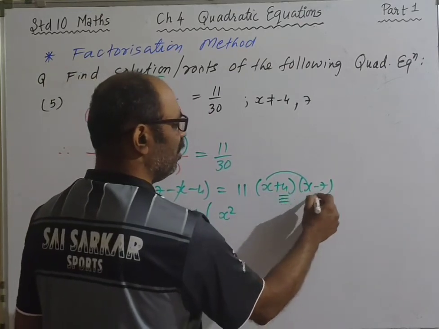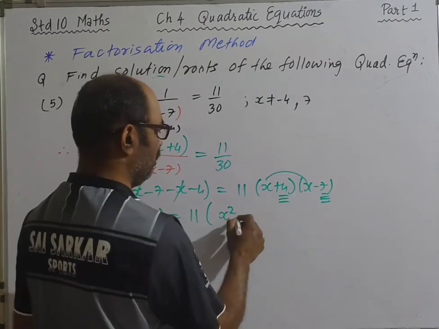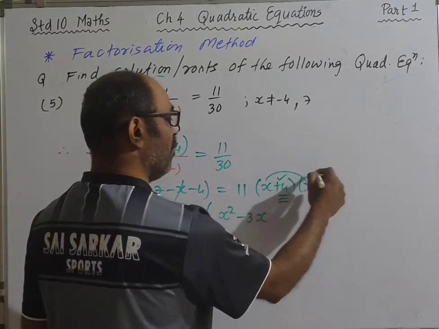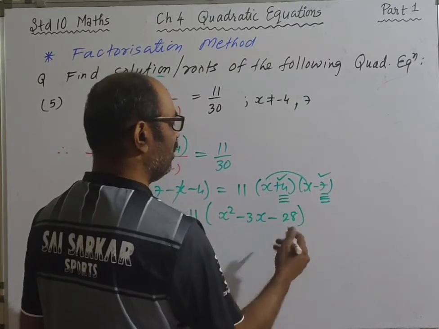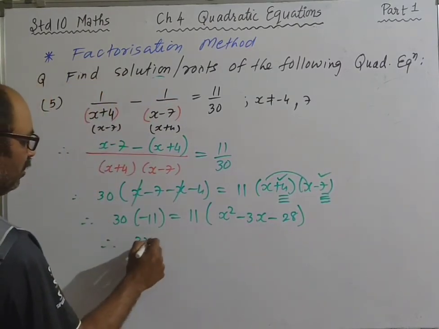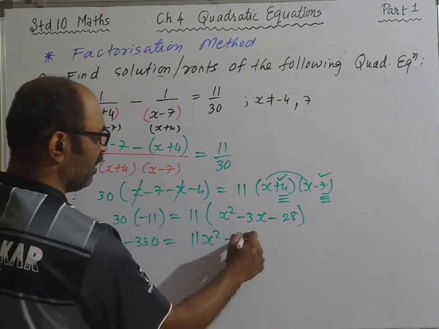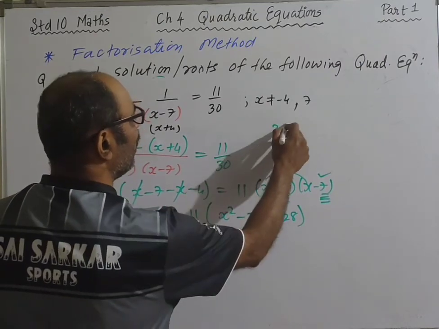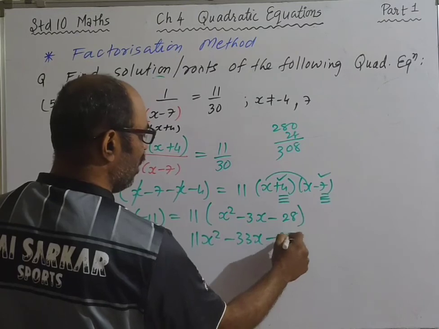Children, if you remember, add these two: plus 4 minus 7, that is minus 3 into x. Then take the product of these two: 4 sevens are 28, different signs, so minus sign. That's the expansion. This gives me minus 330 is equal to 11x square minus 33x minus how much? 280 and 28, so 308.